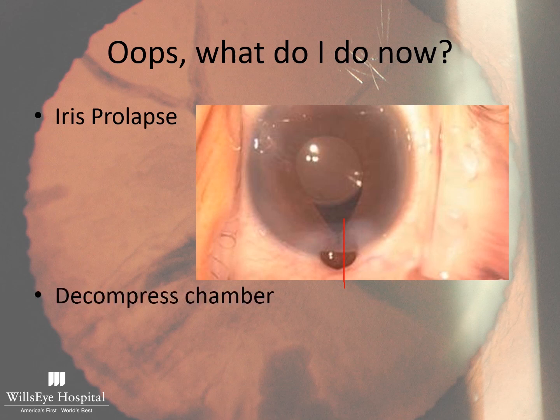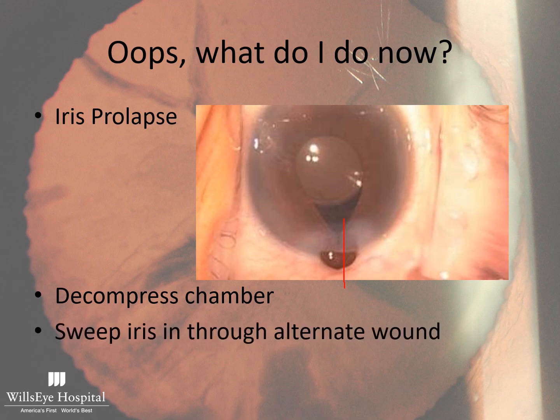So go to your paracentesis, push down on the paracentesis, and let some pressure out of the eye. And then go in through the paracentesis with the viscoelastic cannula, which is usually what I use. And then I'll sweep the iris back into the eye. And I can also place a depot of viscoelastic to help it from coming back out.